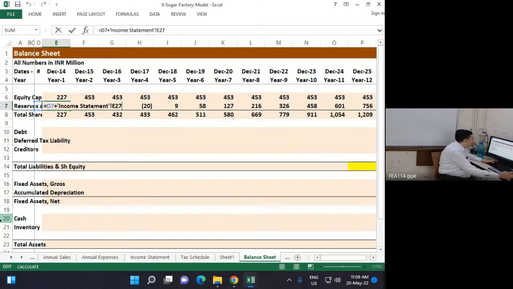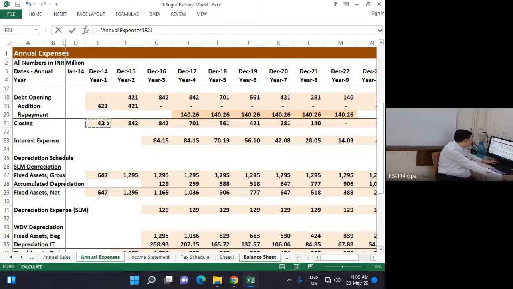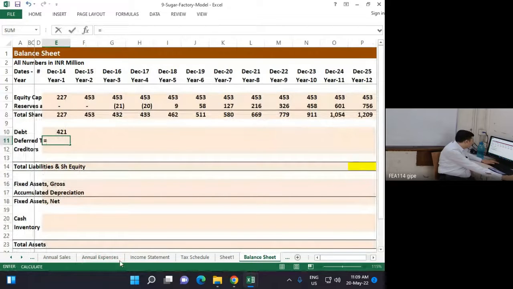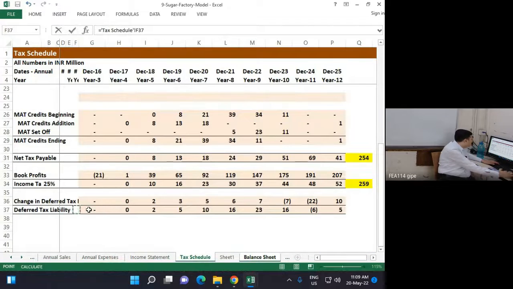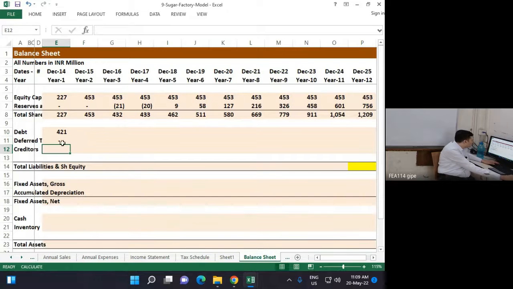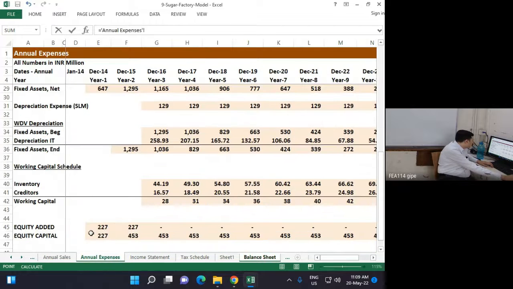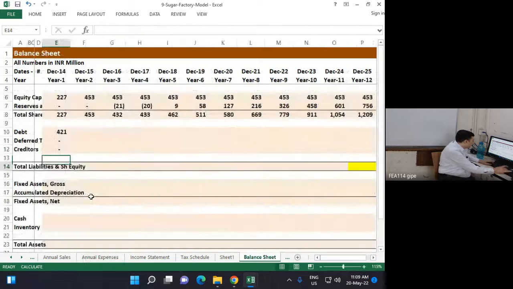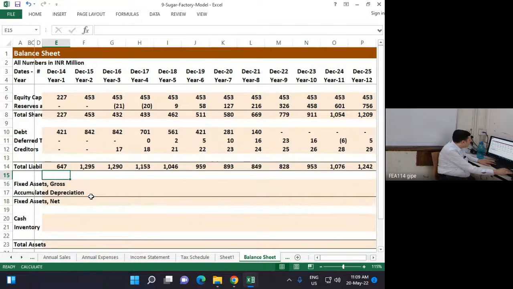Correct. So debt, we are making the balance sheet at the end of the year. So we'll take closing debt, deferred tax liability. We just now calculated in the tax schedule. Again, remember to select year 1 to year 1. That means we are going to take the numbers from column E. Same with creditor. Get that in the annual expenses page and add the liabilities along with shareholders equity. Get the last year's total liabilities as 1242.